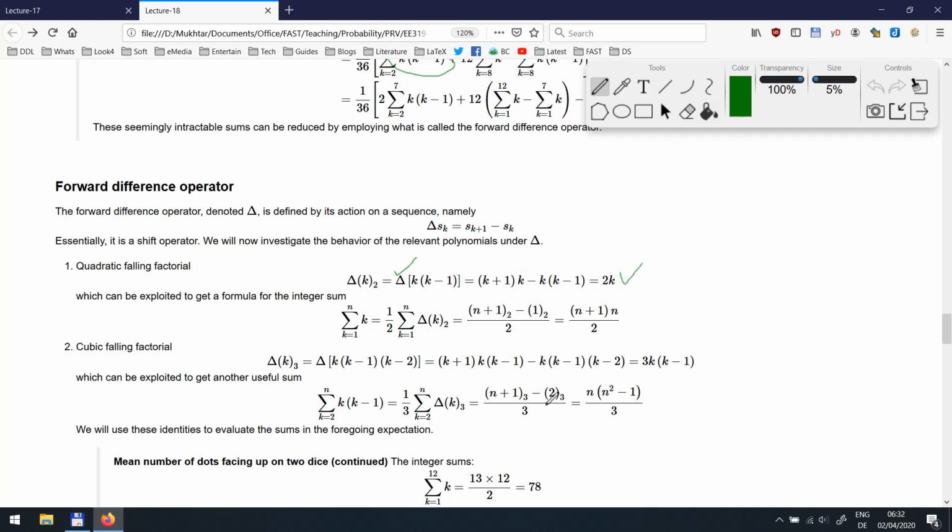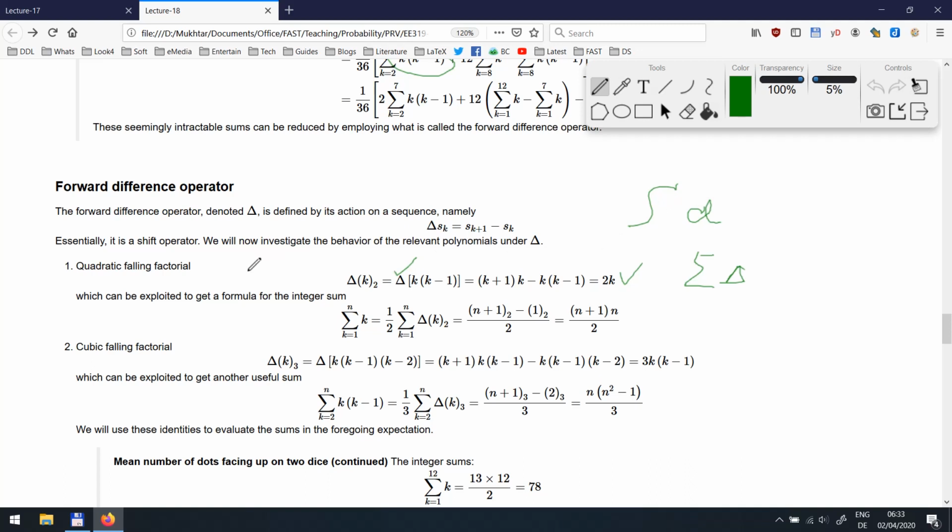Now what can I learn from this? Remember, just like integration will undo differentiation, by the same logic, summation will undo this difference operator. So the difference operator and summation are opposite to each other, just as derivative and integral are opposite to each other.